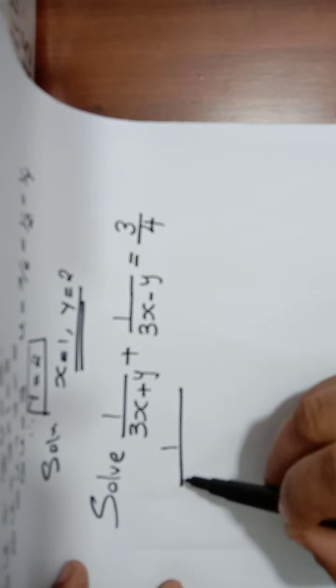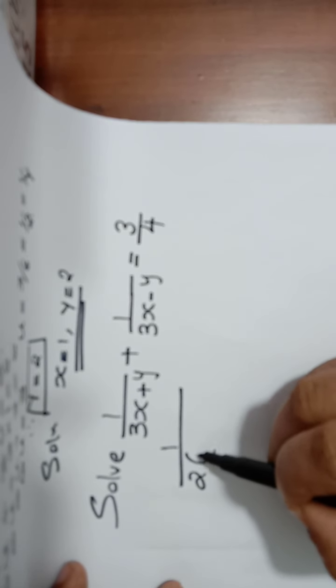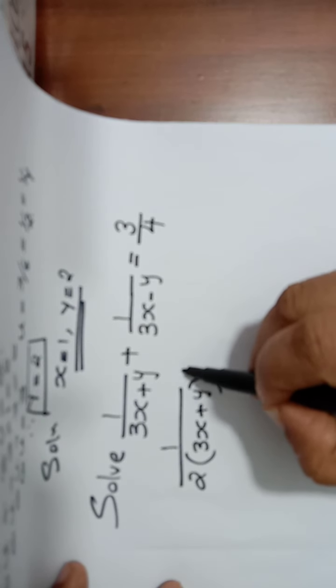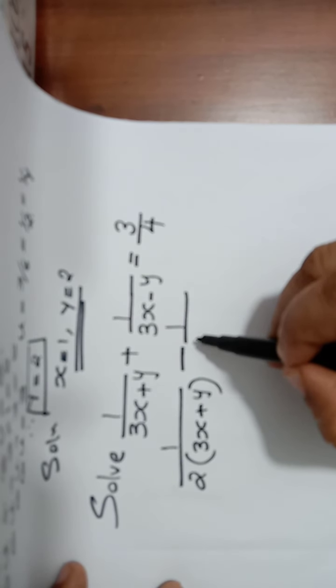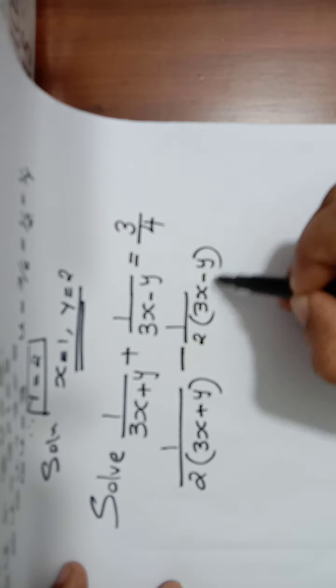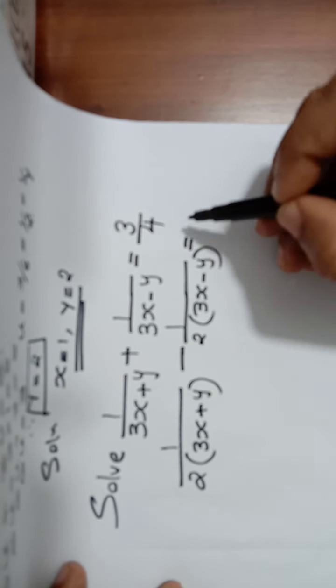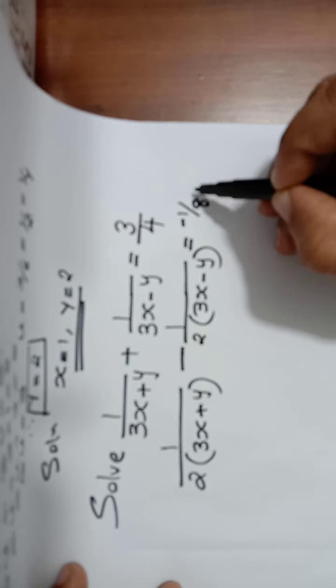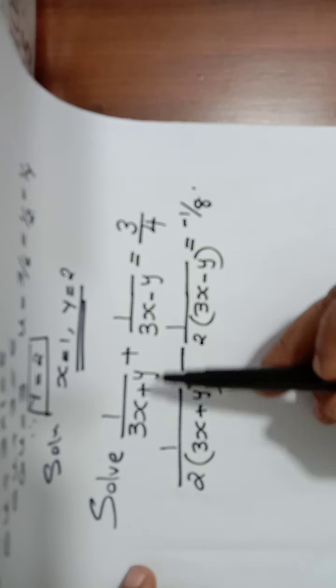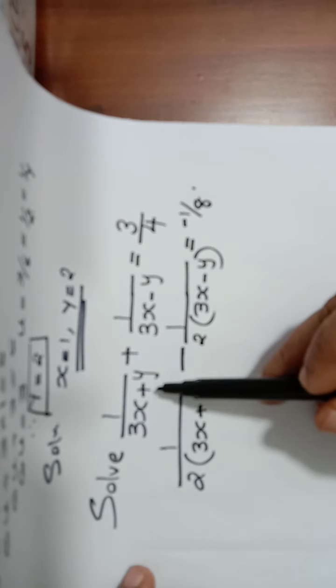The second equation is 1 by 2 into 3x plus y minus 1 by 2 into 3x minus y equal to negative 1 by 8. See children, x and y come in the denominator and also with an addition sign.